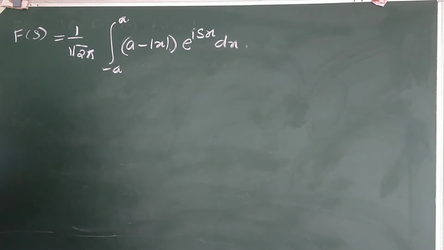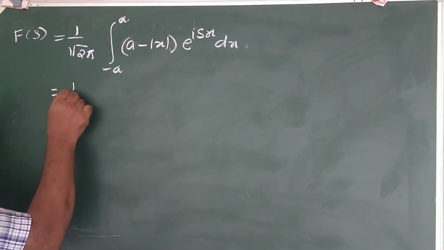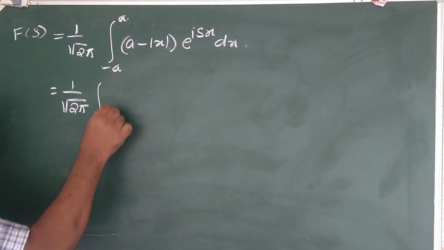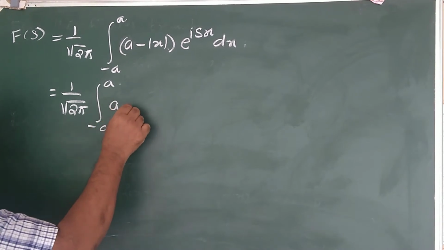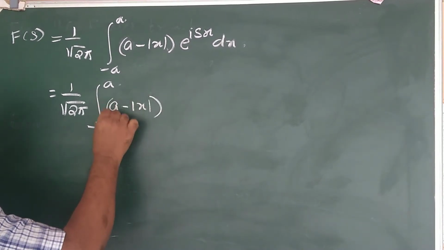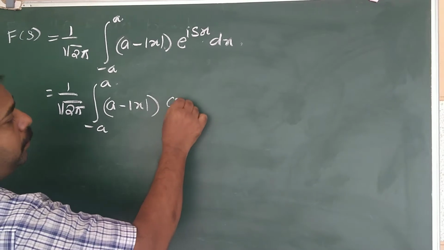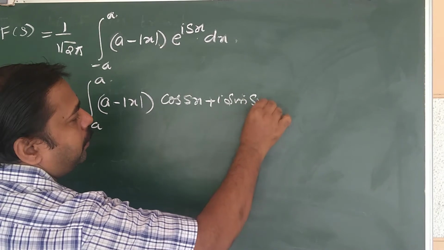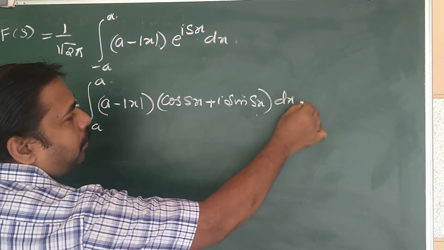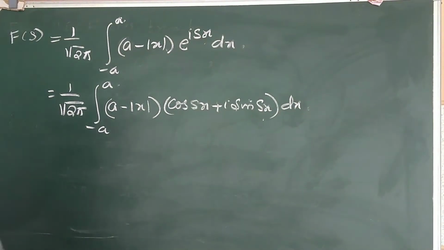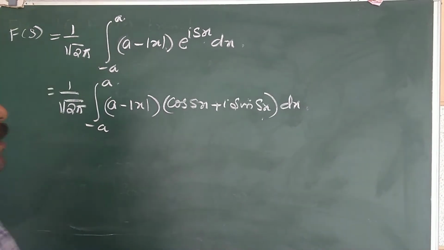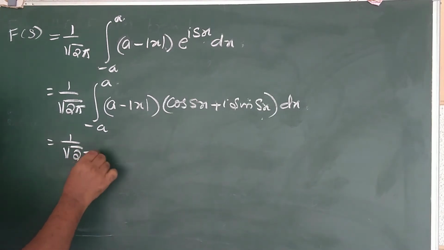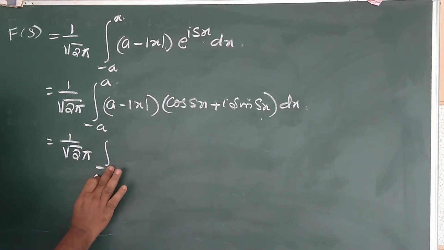Now this is equal to 1 by root 2 pi integral from minus a to a of a minus mod x into cos sx plus i sin sx dx. So e raised to i theta can be written as cos theta plus i sin theta.